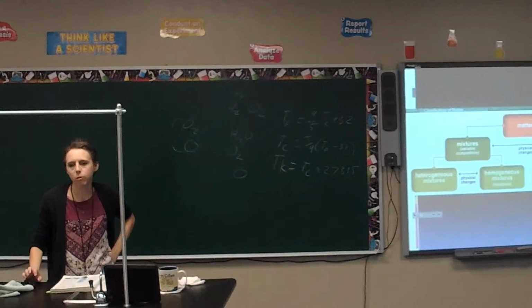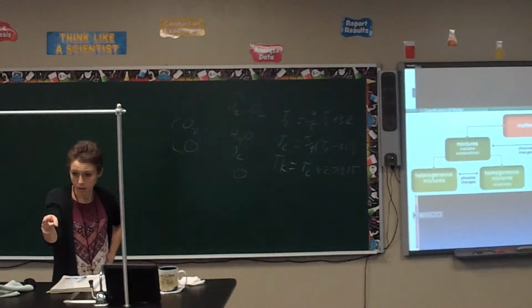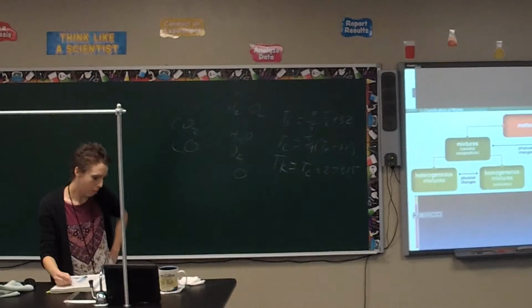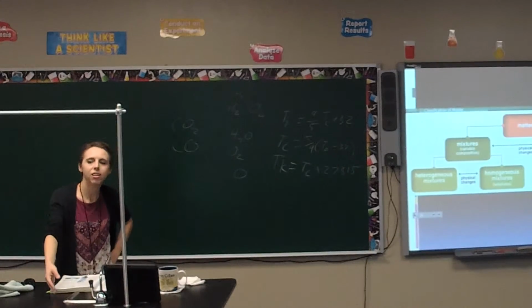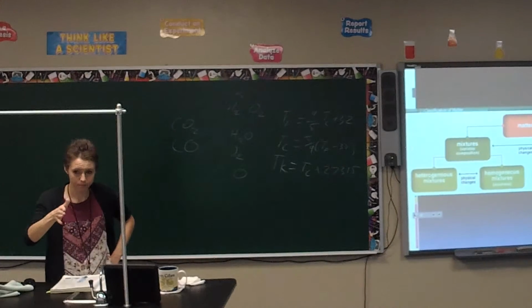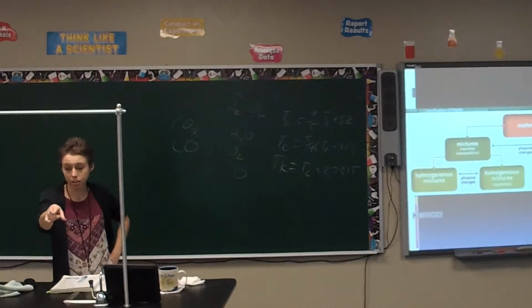Does anyone know a substance that is made up of just carbon? Carbon. Okay, yes, if I get a bar of carbon. But what else can I find in nature that is also made up of just carbon, and only carbon? Not just rocks. It's a specific type of rock.